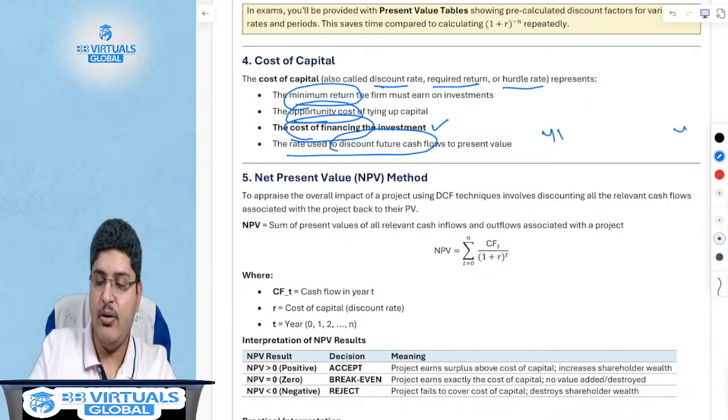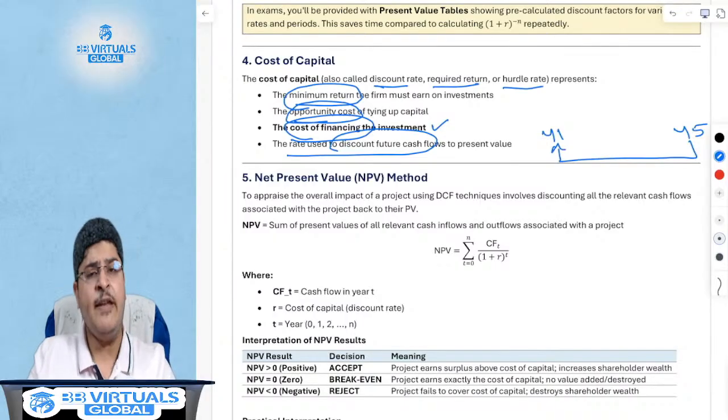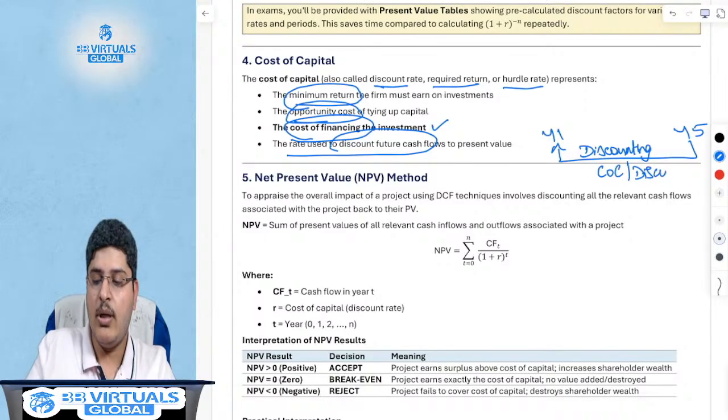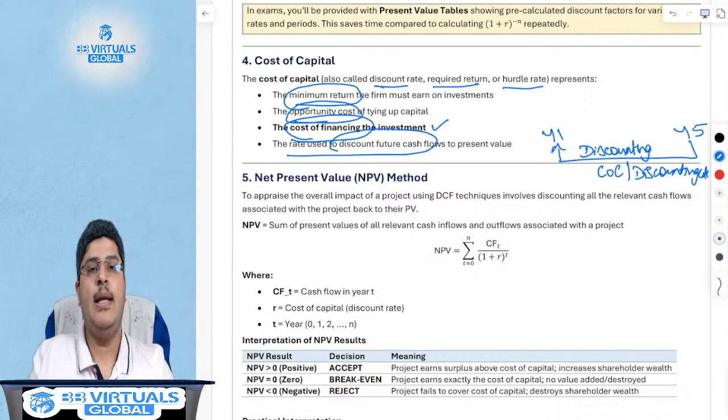Remember, I said year 1, year 5. When you bring the cash flows from year 5 to year 1, this is called discounting. The rate that you use for this discounting is nothing but cost of capital or discounting rate, or rate of return, or the hurdle rate.